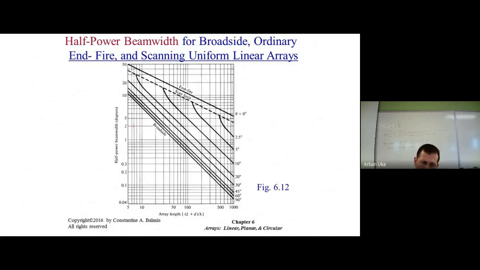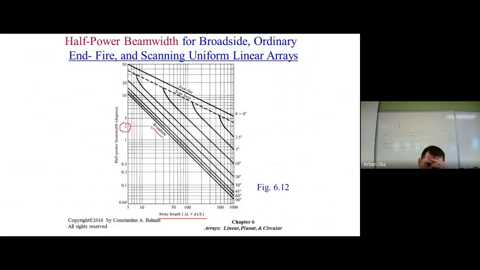Last time we looked at some examples, so let's remind ourselves once again. We can have broadside antennas and end-fire antennas, and from this graph we can determine what the length of the antenna should be. For example, let's assume we want an antenna that has a half power beam width of around 2 degrees.